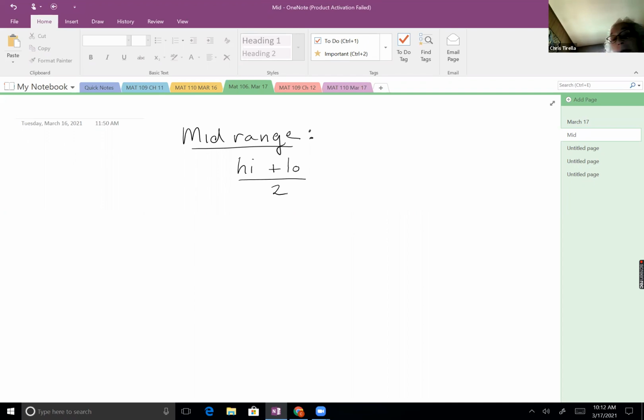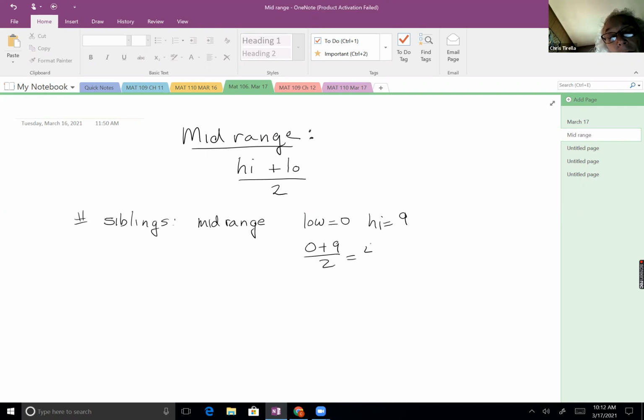So again, if I look at the preceding page, the number of siblings, the mid-range: well, I think for this class the lowest number of siblings was 0 and the highest number of siblings was 9. So the mid-range is 0 plus 9 over 2, or 4.5.